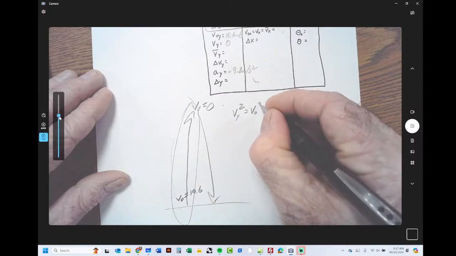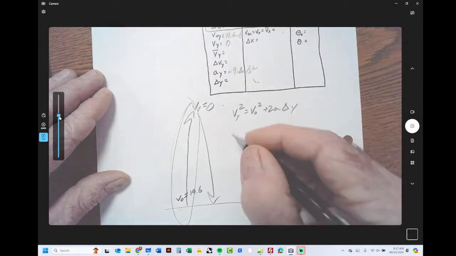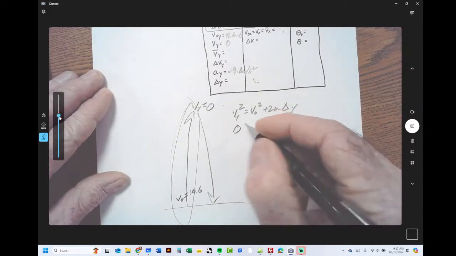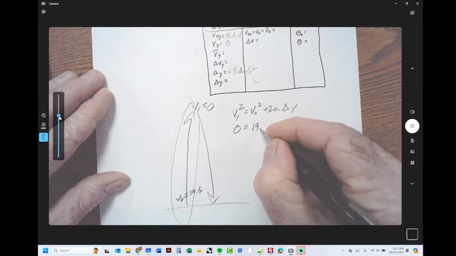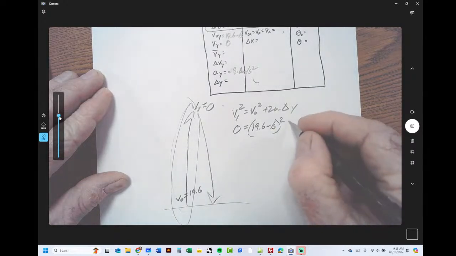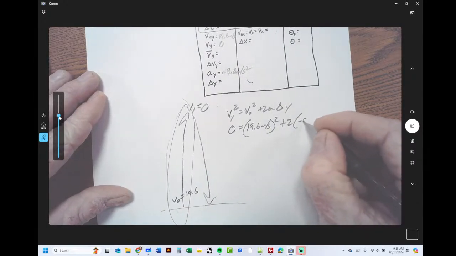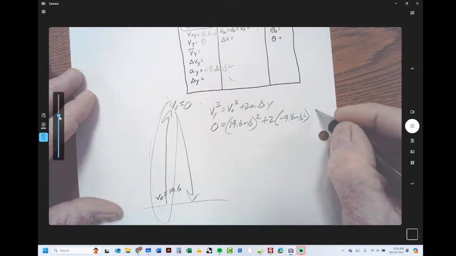Equals v0 squared y plus 2a delta y. So this is 0. That's the velocity at the top. The initial y velocity is 19.6 meters per second. Square that. Plus 2 times negative 9.8 meters per second squared times delta y, which is what we're solving for.